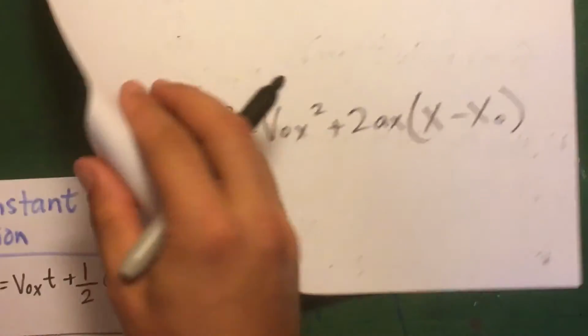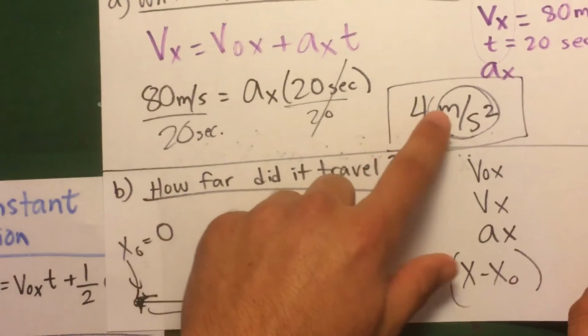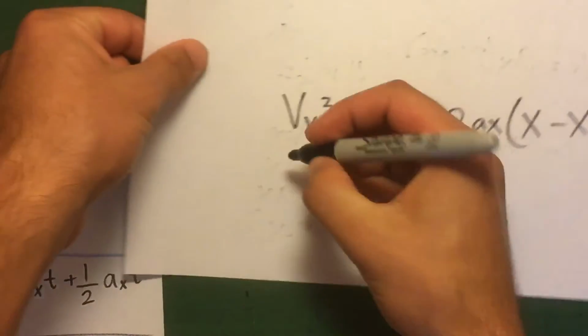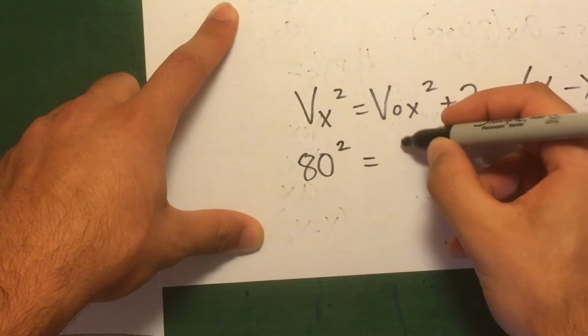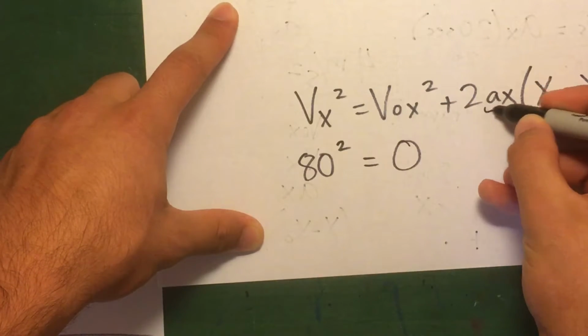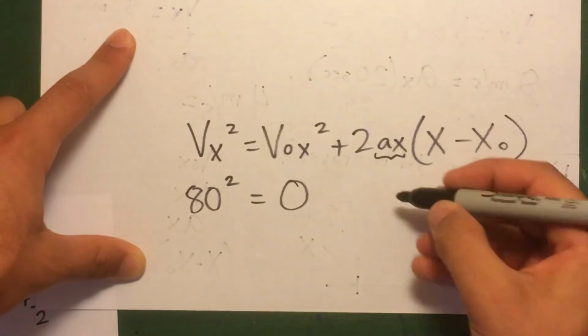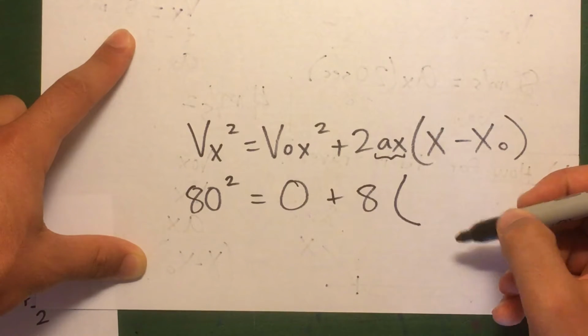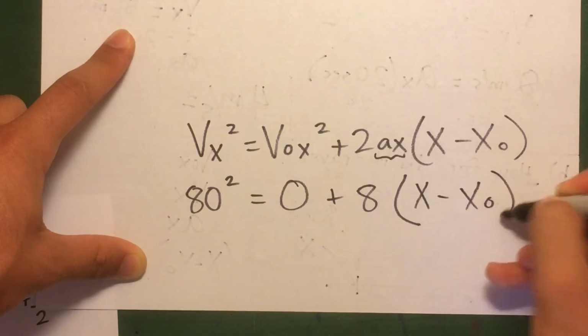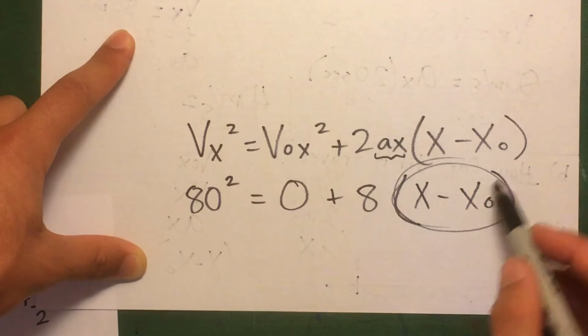The Vx squared we know, which was 80 meters per second. So we're going to square that, 80 squared. The initial velocity was 0, and then we found the Ax, which was 4. So that's plus 8 times x minus x0, which is what we're going to find.